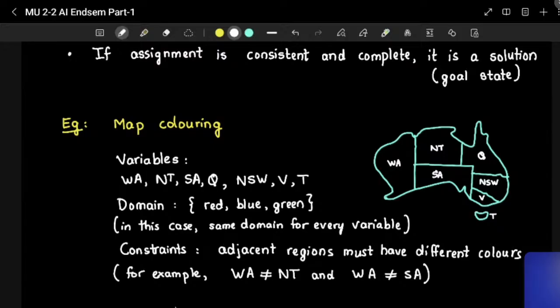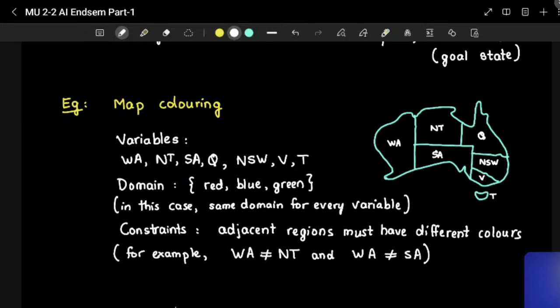NSW not equal to V, NSW not equal to SA, NSW not equal to Q. You have to write all the constraints. For example, here WA not equal to NT and WA not equal to SA. It's just an example, but constraints means you have to write all possible constraints. This is your CSP.